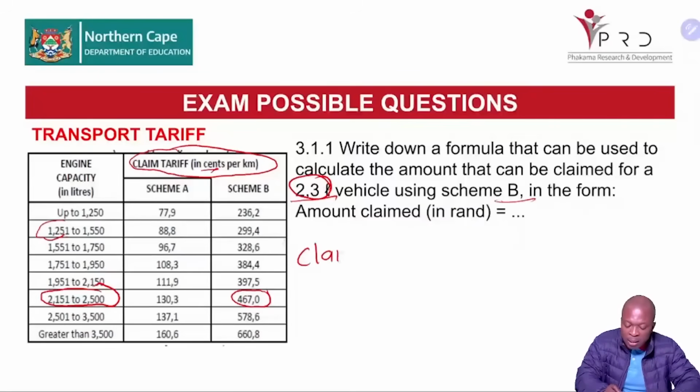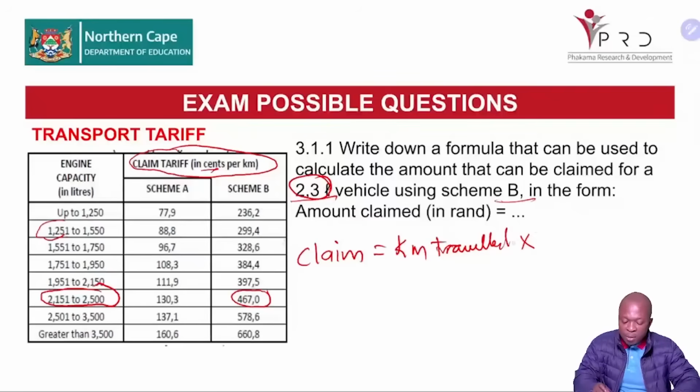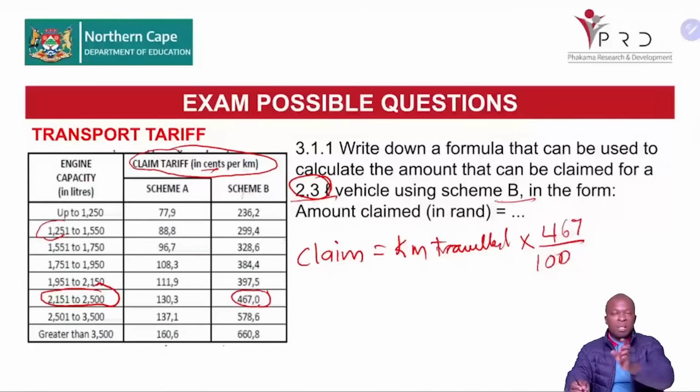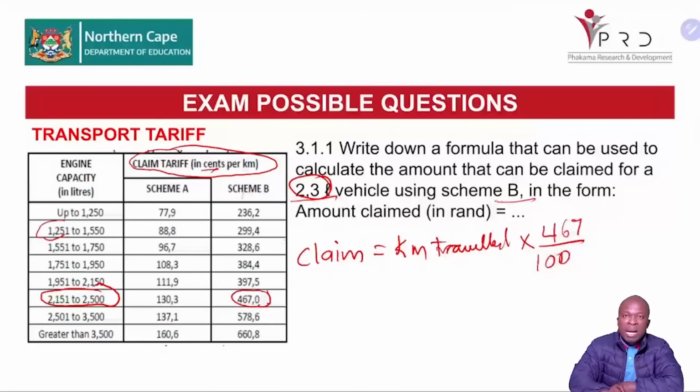So your claim is going to be the kilometers traveled times your tariff, which is 467 divided by 100. Why are you dividing by 100? Because your values are in cents. We want the amount in rand. So the claim is kilometers that you traveled times the scheme tariff.